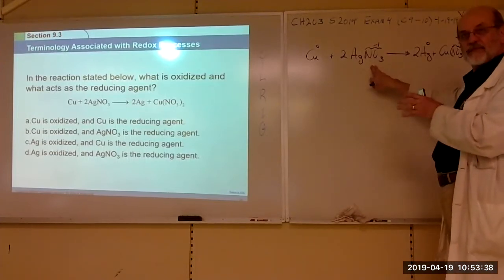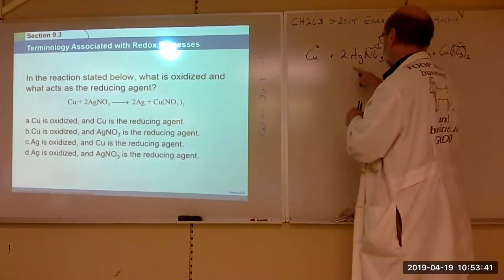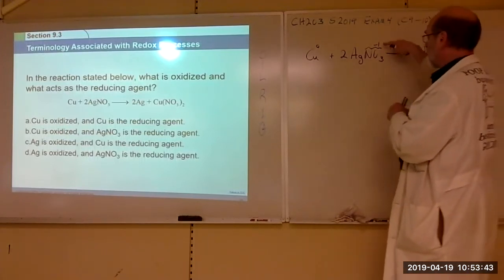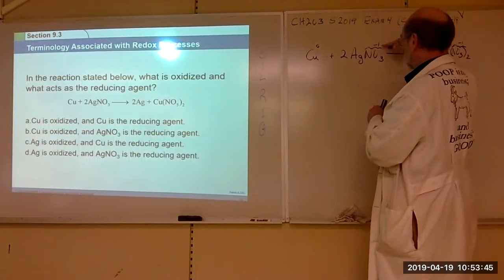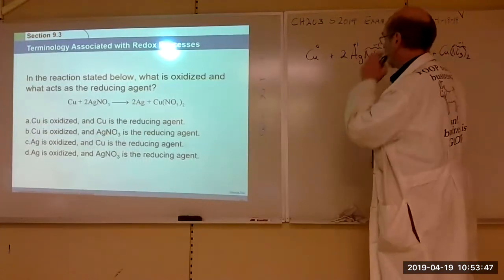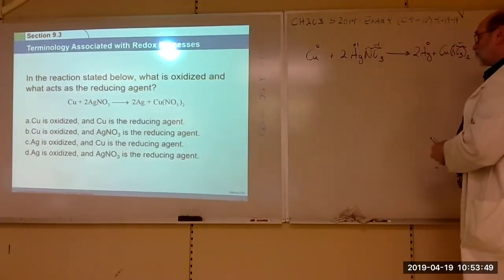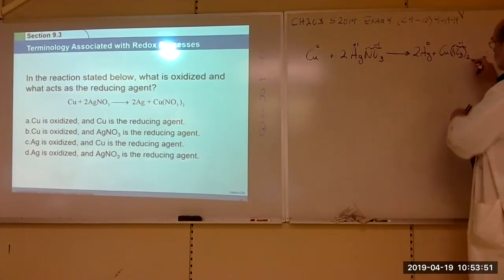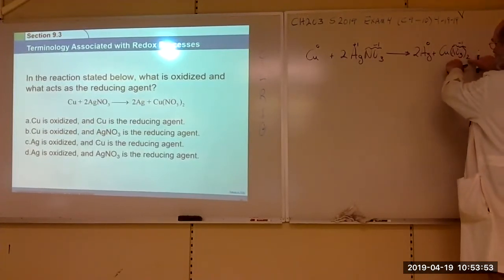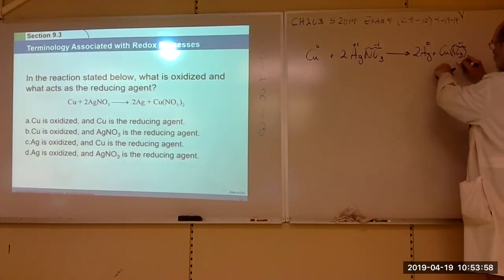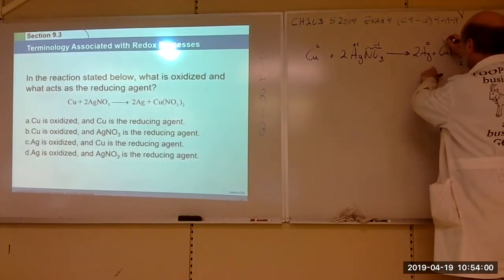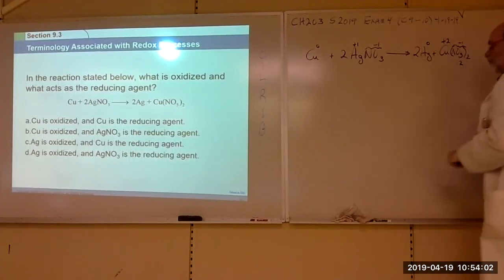Everything interesting that happens is with the copper and silver. So if this is -1, silver has to balance it with +1. And if this is -1 and there are 2 of them, that means a total of -2. The copper has to be +2. Okay?